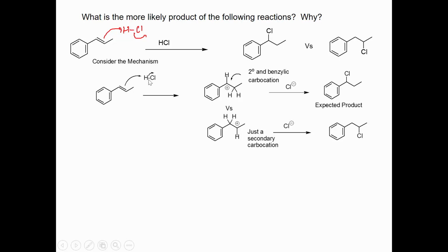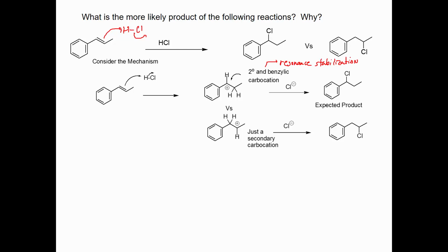All right, so this initial formation of the carbocation can produce either this carbocation right here or this carbocation right here. The carbocation at the top is secondary and benzylic. The carbocation here, it's just secondary. So this one, again, has resonance stabilization, whereas the other one does not.